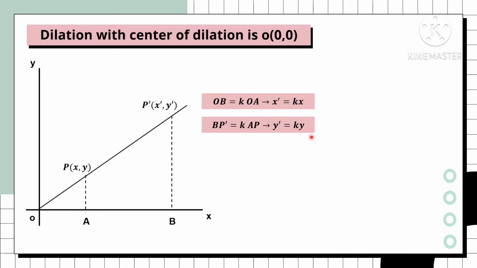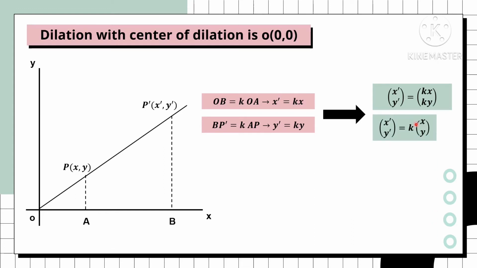Both of these equations can be written in matrix form like this. The matrix (x prime, y prime) equals the matrix (kx, ky). Then we can take k out, so the matrix (x prime, y prime) equals k times the matrix (x, y).